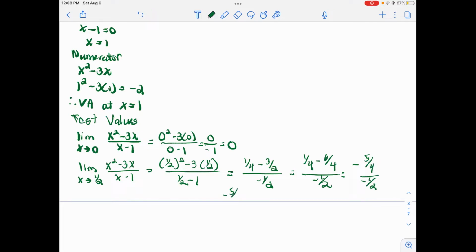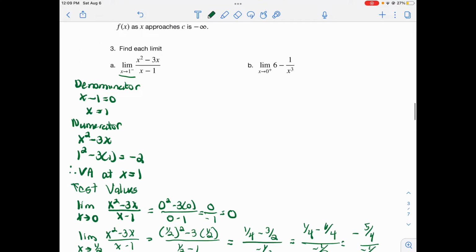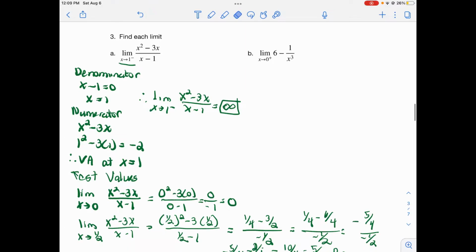So that's negative 5/4 times a negative 2 over 1, which is positive 10/4 or 5/2, a positive number. So I went from 0 going toward positive, so that tells me I'm getting larger and larger. My conclusion, therefore, is the limit as x goes to 1 from the left of this function is going to infinity.